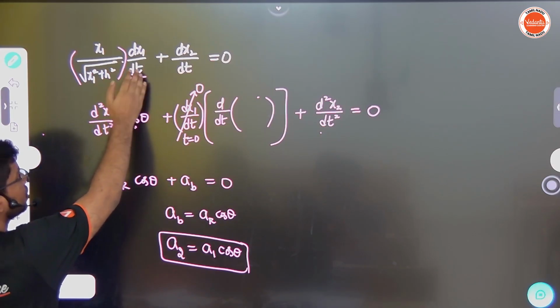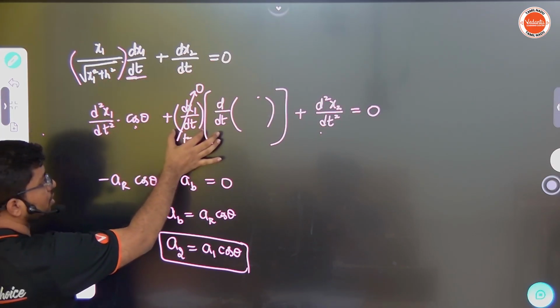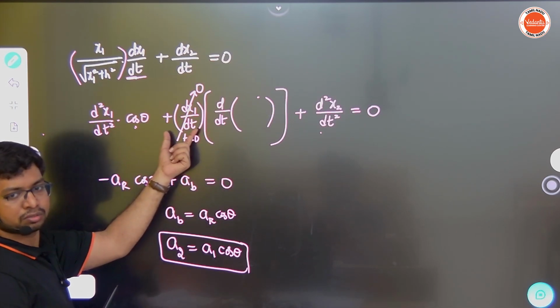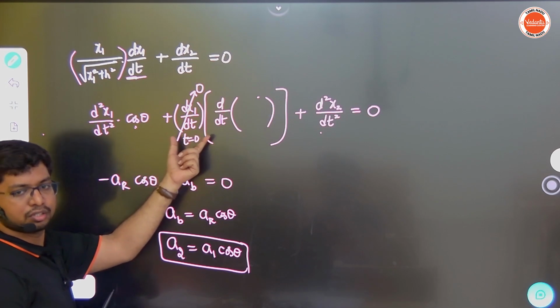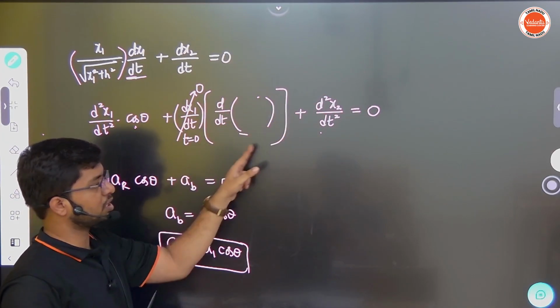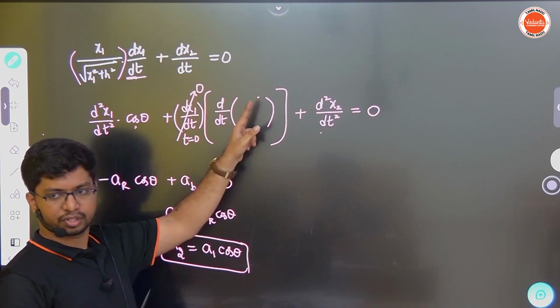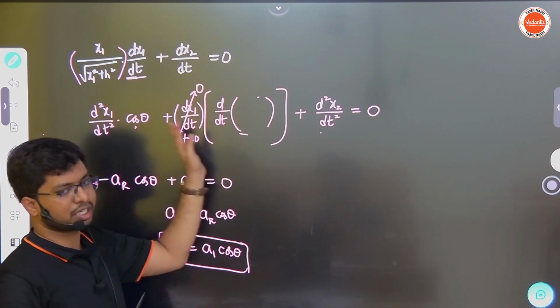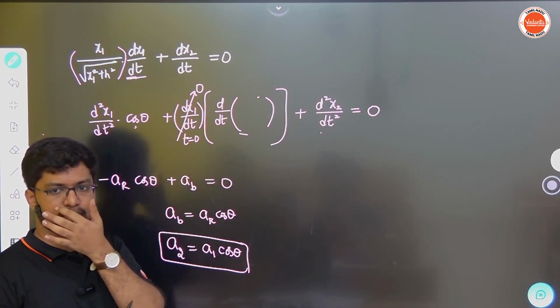But then you can differentiate this one over here, but while substituting here, this anyways will be 0. Clear? Which means whatever may be the differentiation over here, since this term is 0, this complete term will become 0 here.